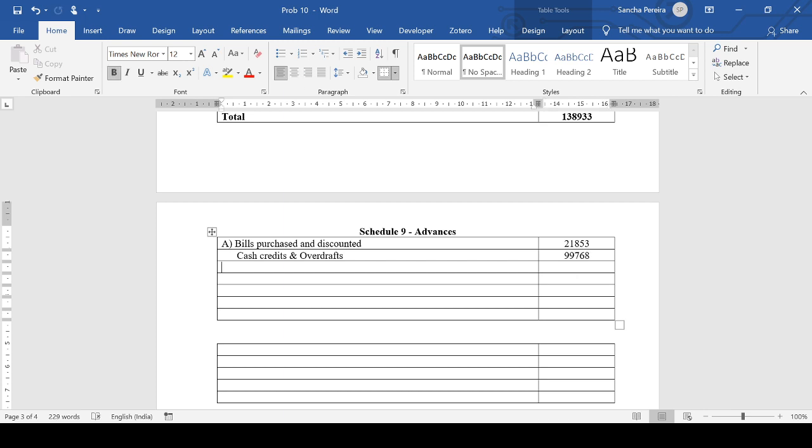And then we have term loans, which amount is 70123. Okay. So the total of this comes to 191,744.